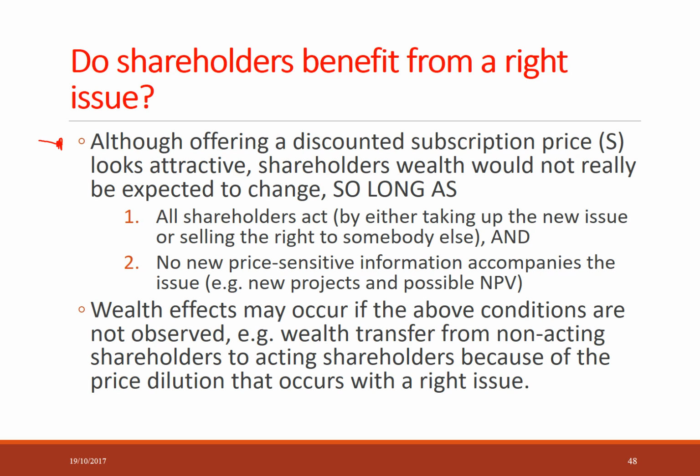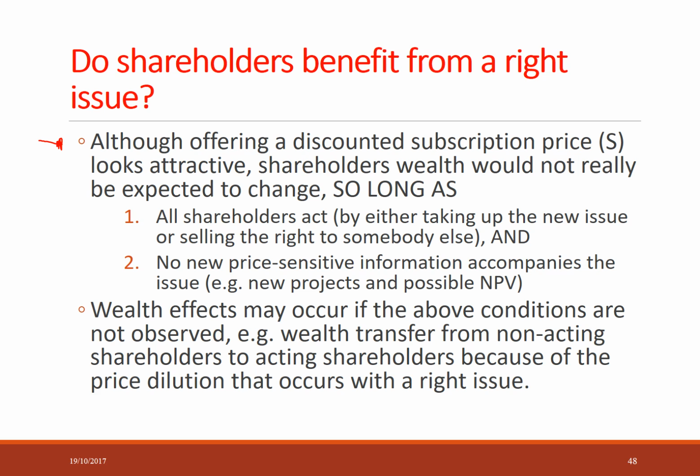But this is only the case when two conditions are met. The first condition is that all shareholders take up the rights issue so that the proportional ownership of each shareholder remains the same. Second, no new price-sensitive information accompanies the issue.